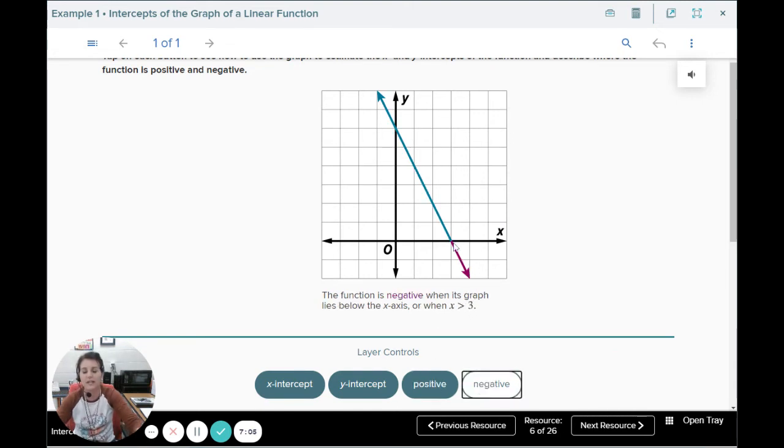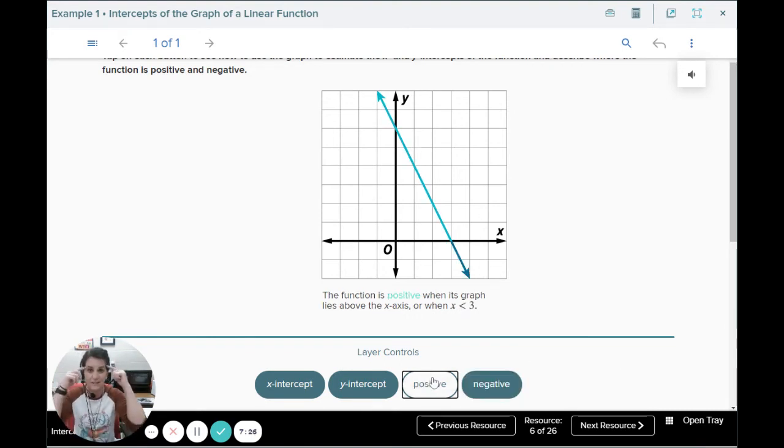Where is this graph going down below the x-axis? It's everywhere where the values of x are greater than 3. So it's a little bit confusing because we like to think, x is less than 3. Well, x is less than 3 would be 2, 1, 0, -1, and we start getting into negative numbers, so it doesn't make sense in our minds that it's positive with negative values. But look at where the y value is when it's at -1.